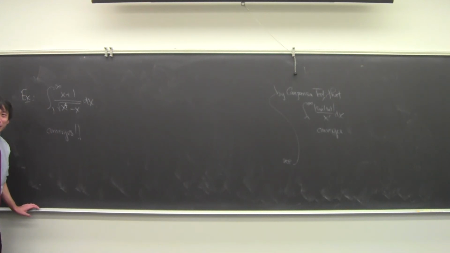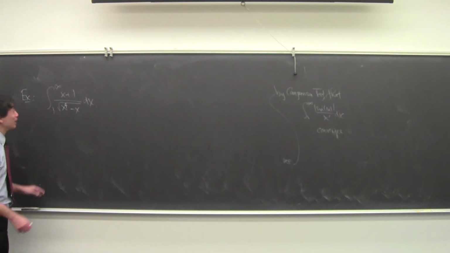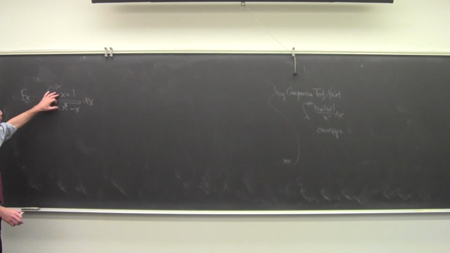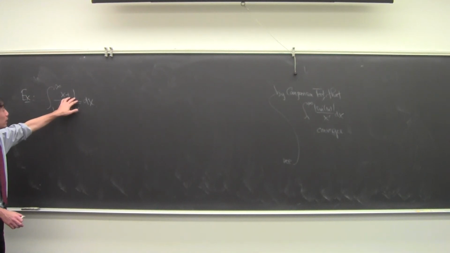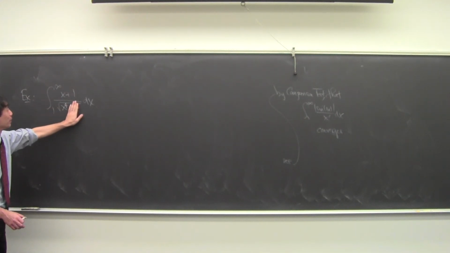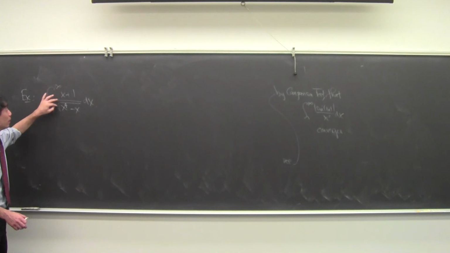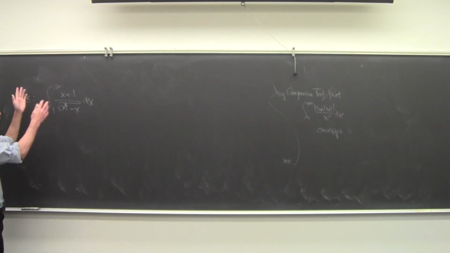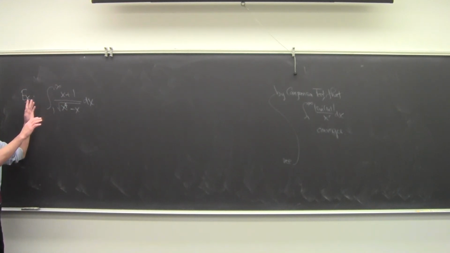The answer is, it's going to diverge. Later when you get more comfortable, you'll say, oh look, this 1 isn't going to make much difference, this x isn't going to make much difference. I've got basically x over the square root of x to the 4th, this x over x squared, that's 1 over x. So this is basically like integrating 1 over x. So your intuition would be, this is going to diverge.